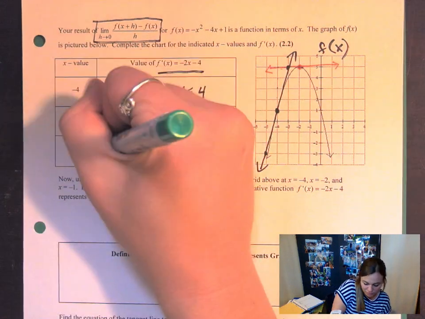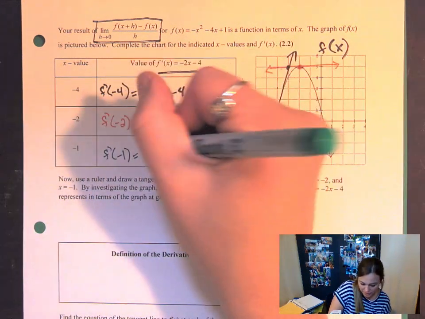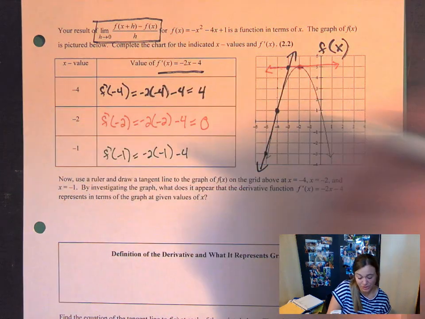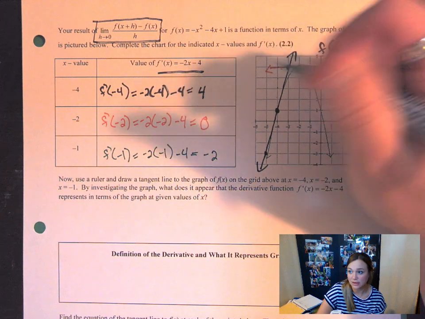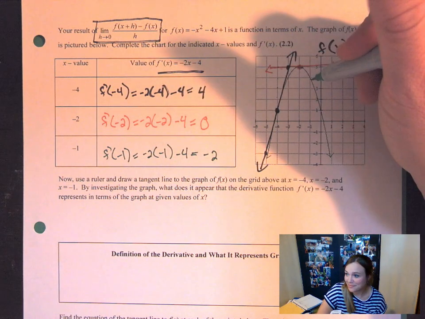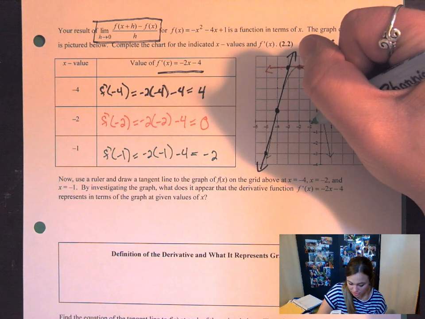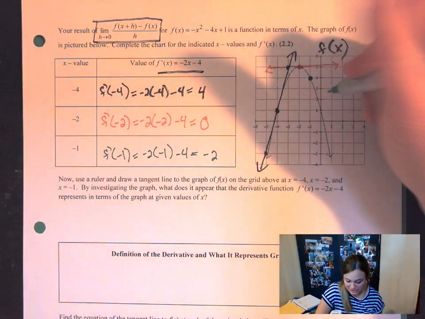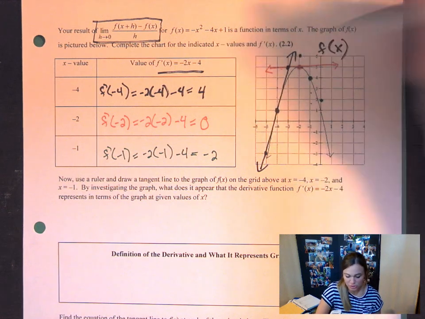F prime of negative 1 will be negative 2 times negative 1 minus 4. 2 minus 4 is negative 2. Okay, at negative 1, I'm going to go up to my graph, and I'm going to make a point, and I can see if I go down 2, right 1, or up 2, left 1, so a slope of negative 2.